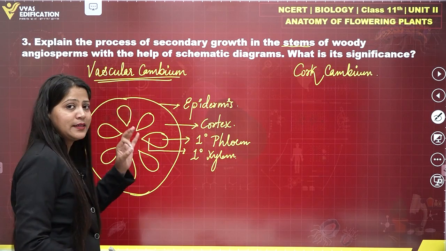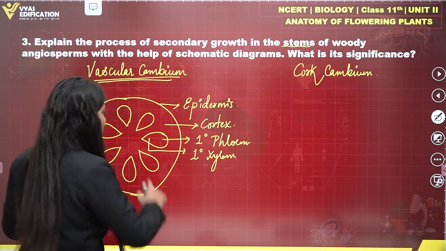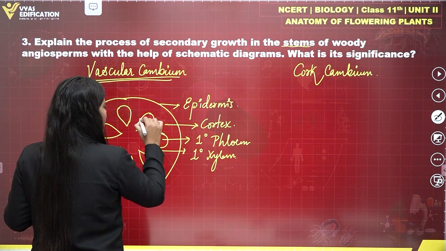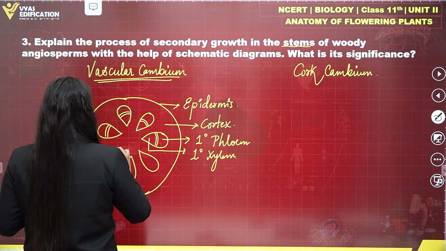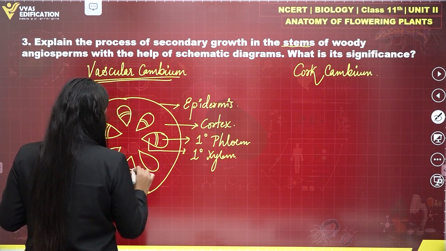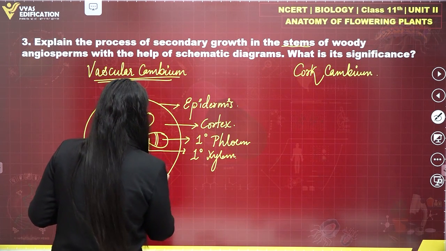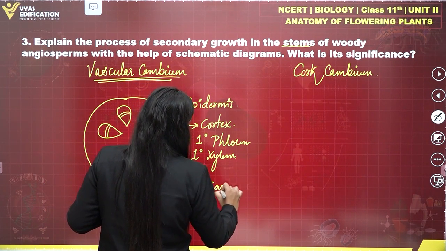Now you will see rings between primary xylem and phloem in these bundles. These are cambium rings. So we'll label this as cambium.